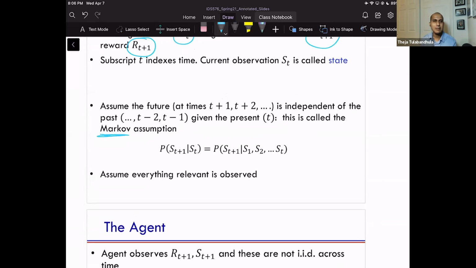Many of the times we'll say the environment is Markov, in the sense that the environment going from state S_t to S_{t+1} only depends on state S_t and not on all the previous states that have transpired. For example, the self-driving car at the intersection doesn't depend on whether it came from a highway or from some other street.